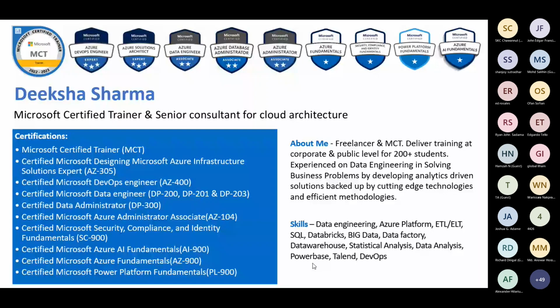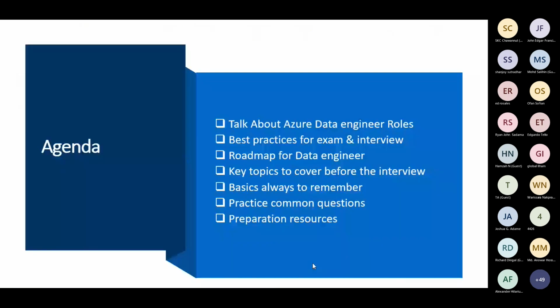I am a certified data engineer, certified DevOps engineer, and certified Azure solution architect and database admin. And my key skills are majorly on the data engineering side: ETL, ELT, SQL, Databricks, big data, and other services.